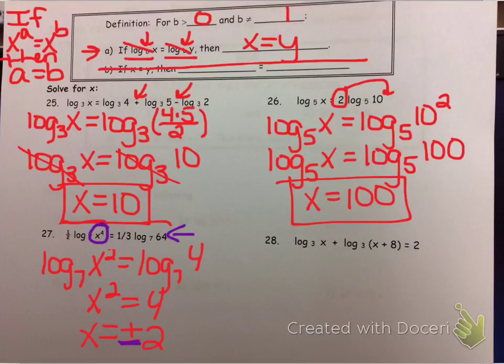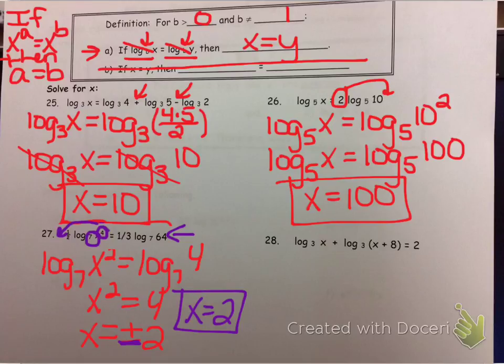Your problem is that if it truly is a number that would work, then the laws of logs should allow this 4 to freely move down to the front. Well, if that 4 does move down to the front, then this x is here by itself. And plugging in negative 2 now means that we've got a negative number inside that log, so it won't actually work with all the different ways that equation could be rearranged. So you have to throw it out, and your answer is only x equals positive 2.